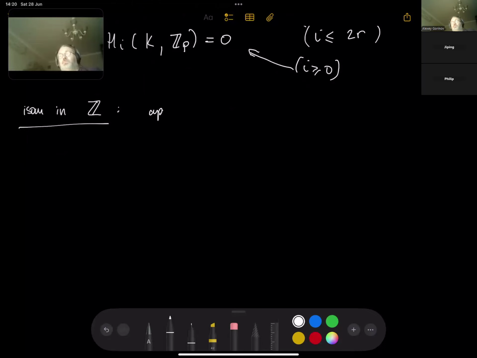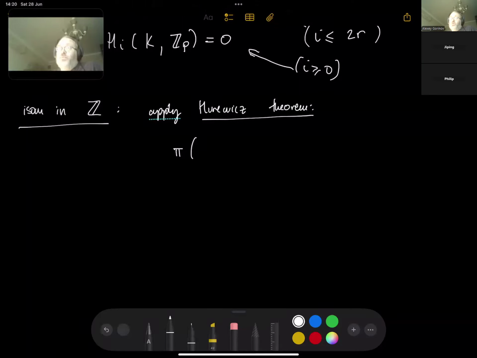Maybe I'll just say then we apply Hurewicz's theorem, which says that if we have an isomorphism in Z homology, we get an isomorphism in homotopy groups for this range. In the Hurewicz theorem for spaces, it's important that everything should be simply connected.